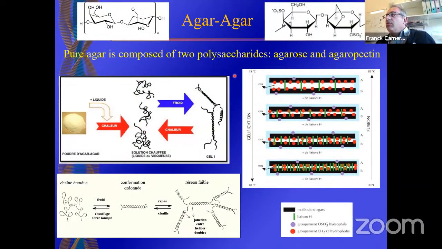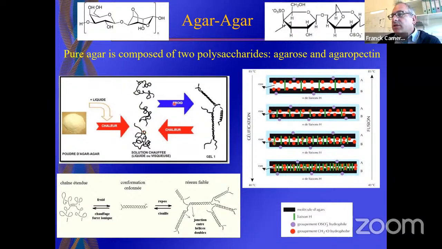One well-known gelling agent, for example, is agar-agar. Agar-agar is a polymer composed of two polysaccharides, agarose and agaropectin, which are mixed in various ratios. When you take this powder, you put in some liquid and heat the solution to dissolve the polymer.